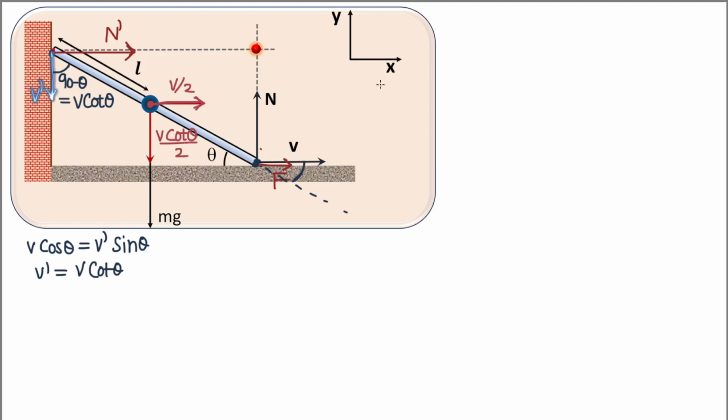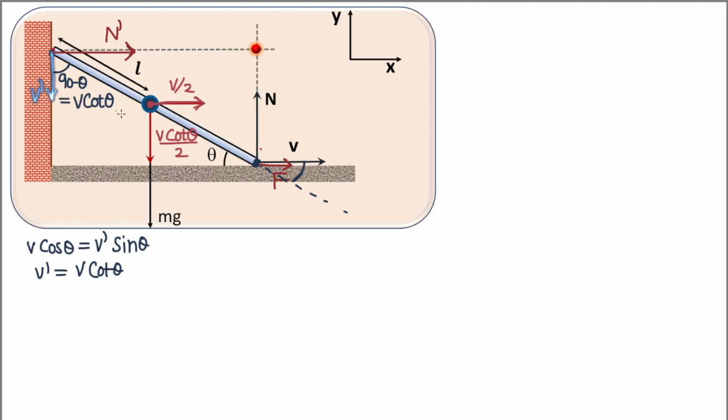And if you just see in the horizontal direction, since this rod is massless, there is not going to be any acceleration towards the right direction, right? Because this system has only one component that has mass. This is the sphere part, this ball part.